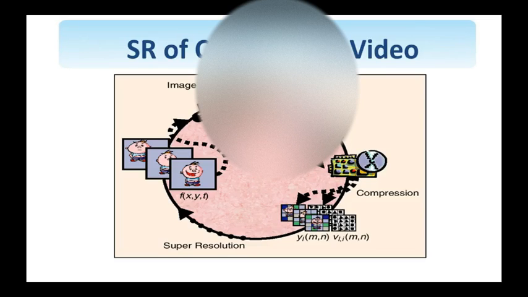So according to it, we start with the high resolution video here, which is acquired by a camera and based on an acquisition model like the one we described in the previous slide, this low resolution video is observed.